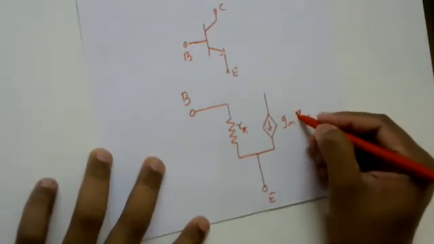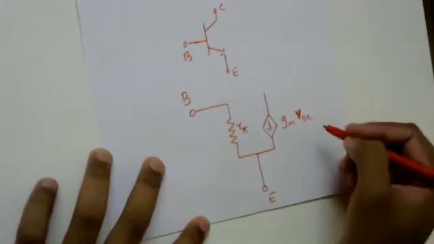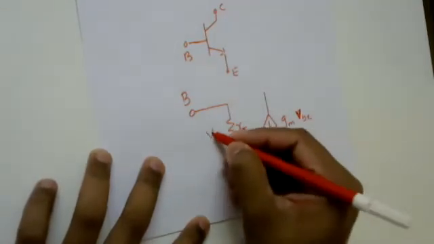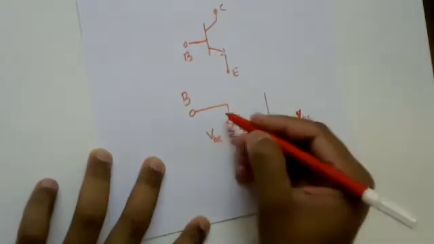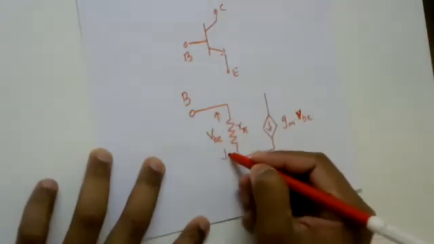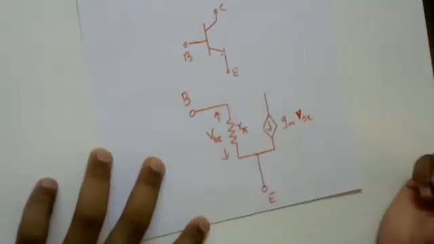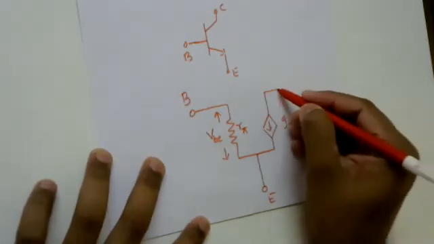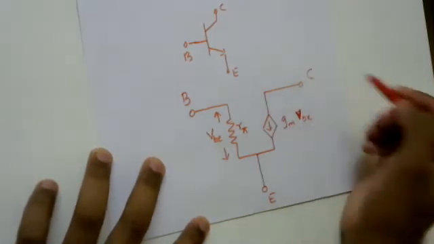Sorry, this has to be capital: GM into VBE, where this VBE is nothing but the voltage drop seen across this resistance. And this is my collector terminal.